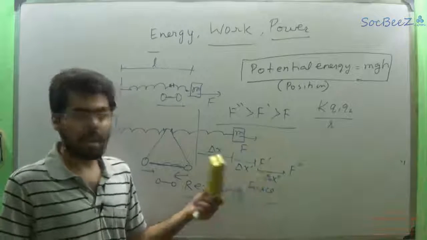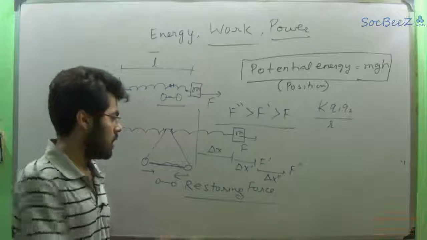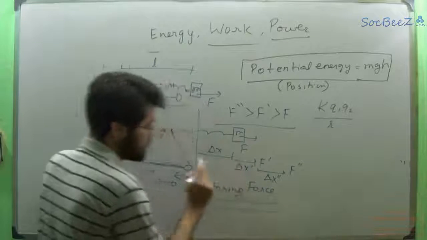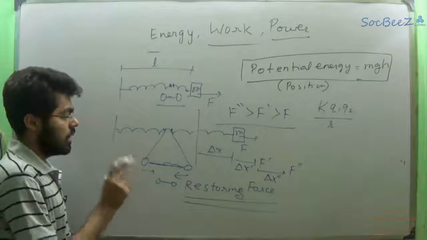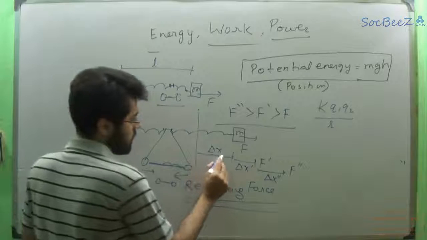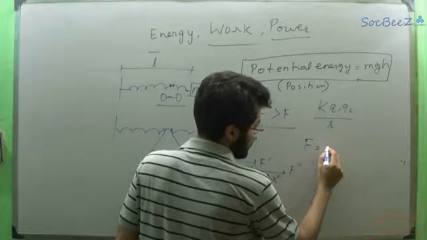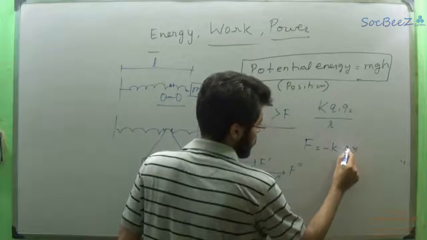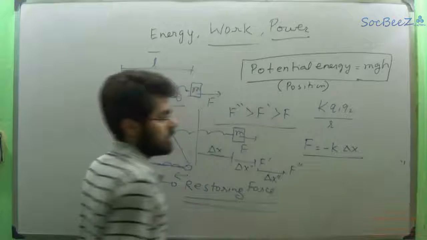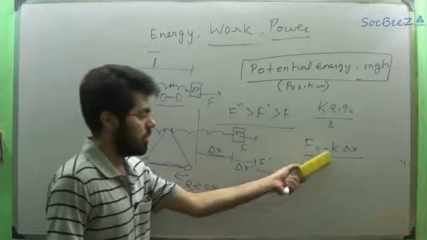So why do we need to apply a higher force? We need to apply a higher force only when the restoring force is changing. Rather, I can say it's increasing, and that it is increasing proportionally to the displacement. So we can write the restoring force F as minus K delta x. Now it won't be difficult to understand why I've put this minus sign here.